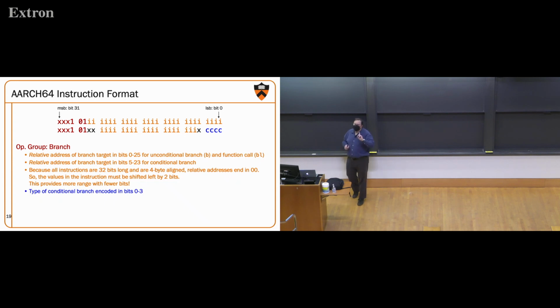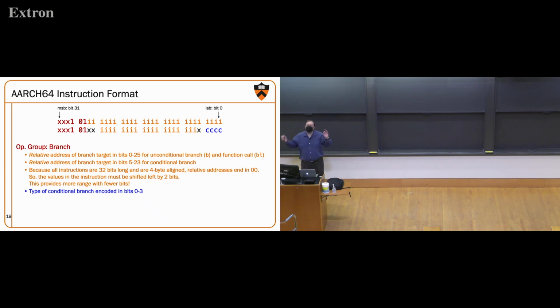And that multiple of 4 thing is interesting because it's enforced, and it's enforced in a very interesting way. We know that the current instruction is somewhere that's a multiple of 4. We know that the destination instruction has to be somewhere that's a multiple of 4. Therefore, the offset is a multiple of 4.